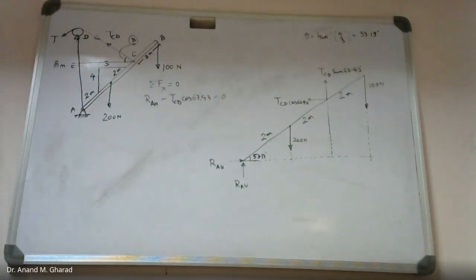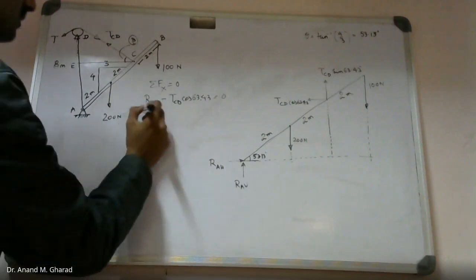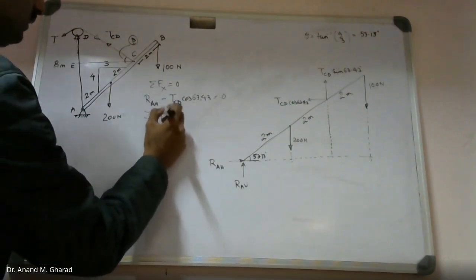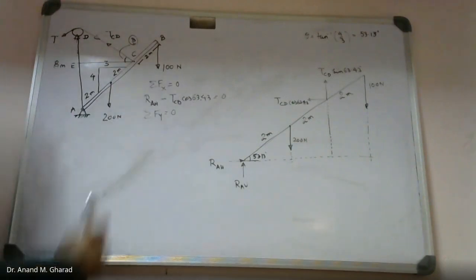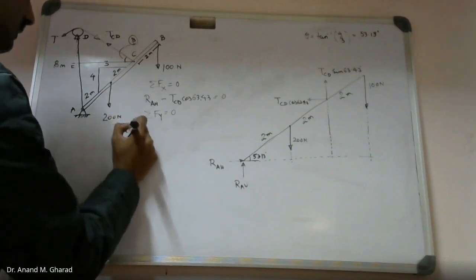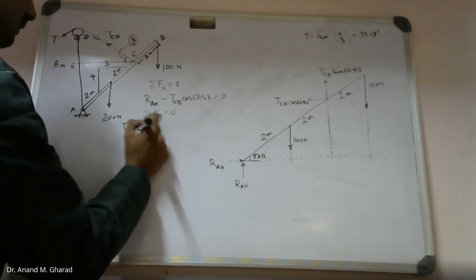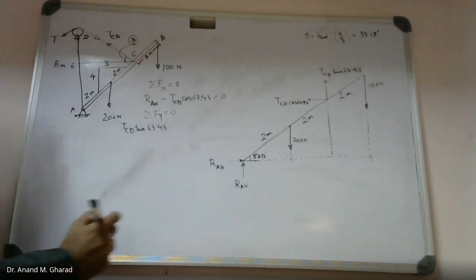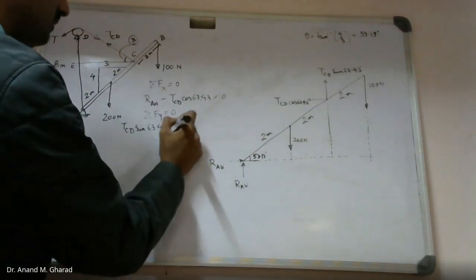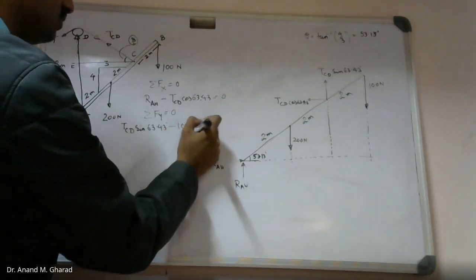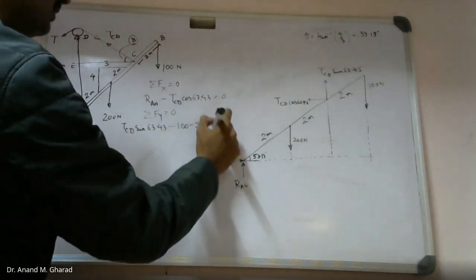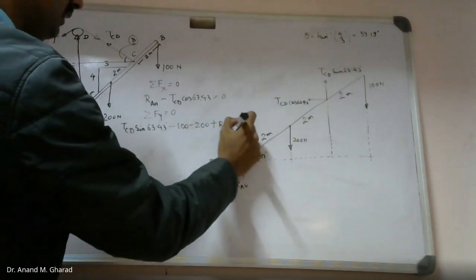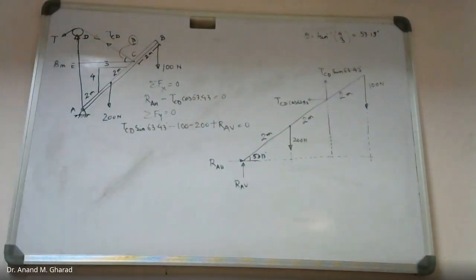So this will be equation 1. Next, summation of forces in y direction equated to 0. TCD sine 63.43, which is positive, minus 100 minus 200 plus RAV equal to 0.